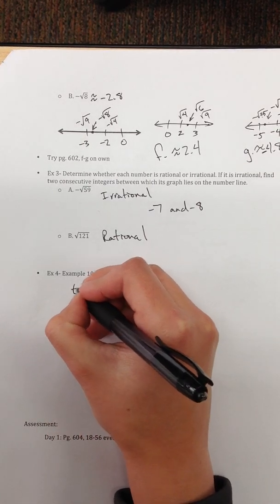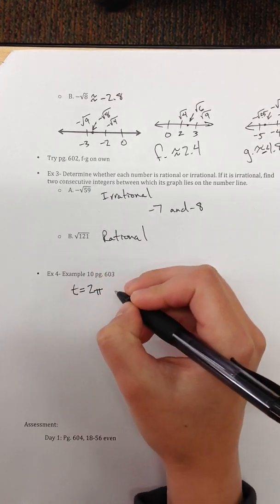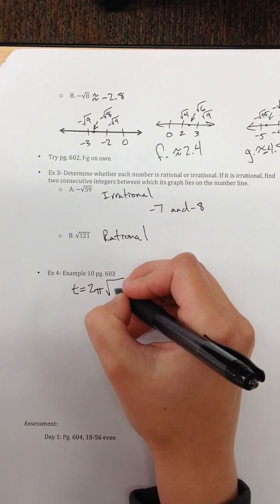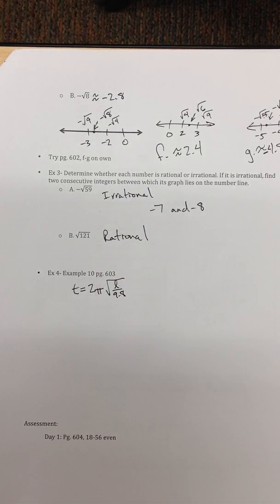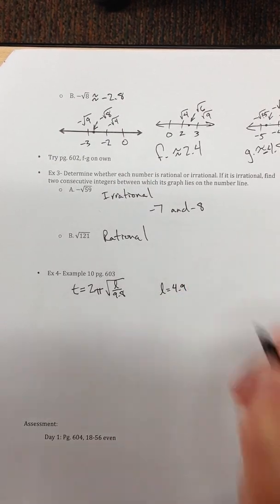So we've got t is equal to 2 pi times the square root of L over 9.8, where L is the length of the pendulum in meters, and suppose the pendulum has a length of 4.9, so our length is 4.9, and then we're supposed to figure out how long does it take for the pendulum to complete one full swing.